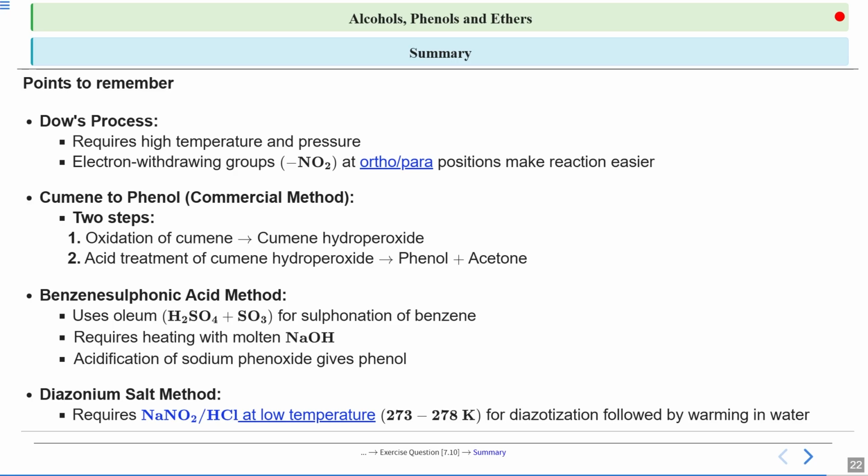You will get a diazonium salt, and then you react it with water and warm it a little, and you will obtain the major product as phenol. So these are the 4 methods we have studied today regarding the preparation of phenols.